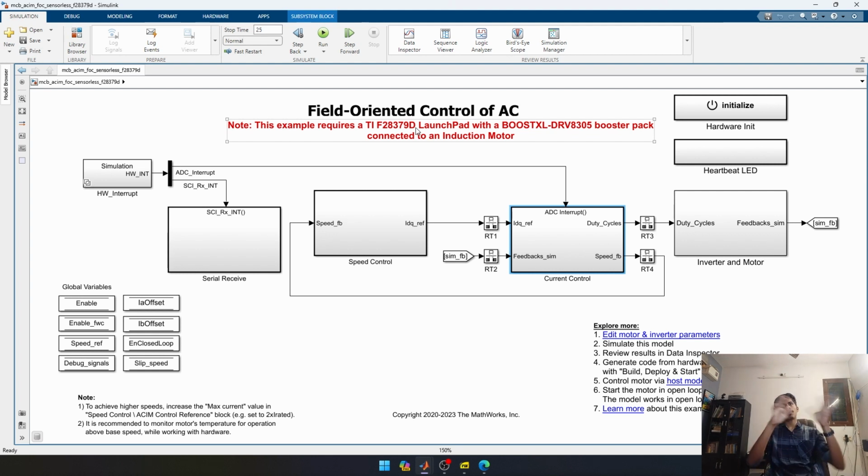Then you can convert this entire simulation model into C code and dump it into the C2000 hardware, the launchpad, or you can simulate it entirely in this virtual MATLAB environment. When we are simulating virtually, it is called simulation mode. When we are dumping into the hardware, it is called code generation mode, because we are generating code to run on the C2000 hardware.